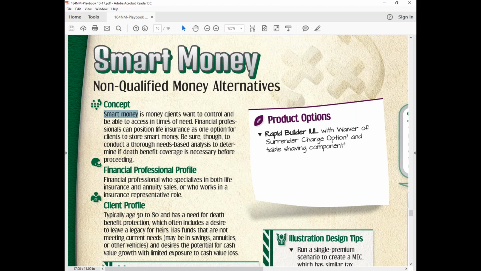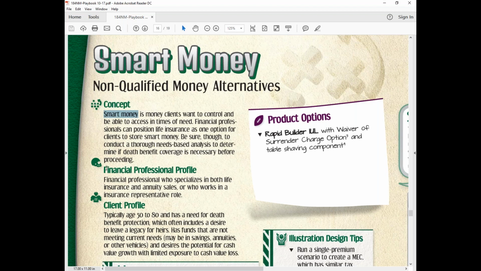This is a good option for clients looking for a death benefit. They have a need for death benefit, but they also desire to leave a legacy for their heirs, and want accumulation in a good policy as well with limited exposure. And that's exactly what the smart money concept will provide.